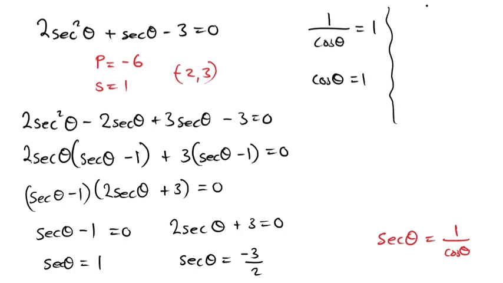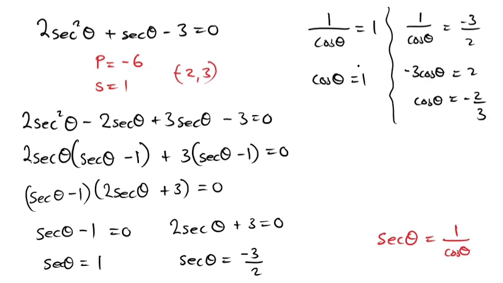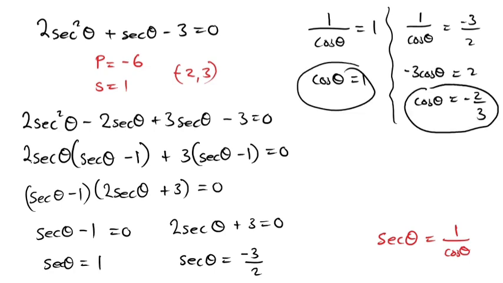For the second one, sec is equal to negative 3 over 2. So that is 1 over cos is equal to negative 3 over 2. So if I cross multiply, I'll get negative 3 cos is equal to 2. So cos theta is equal to negative 2 over 3. So these are the two equations we're going to solve.